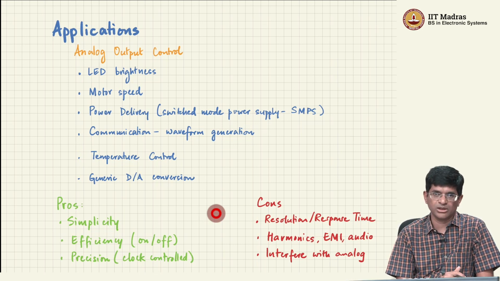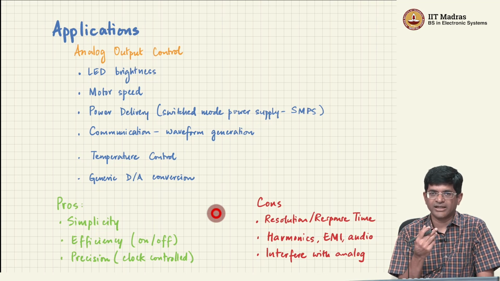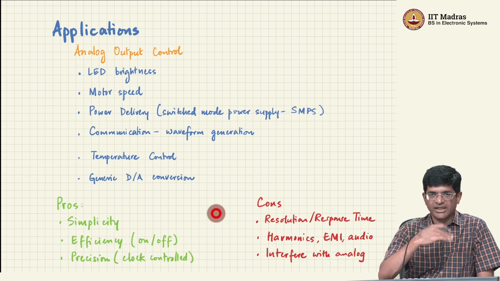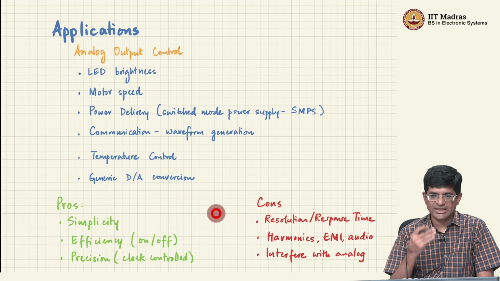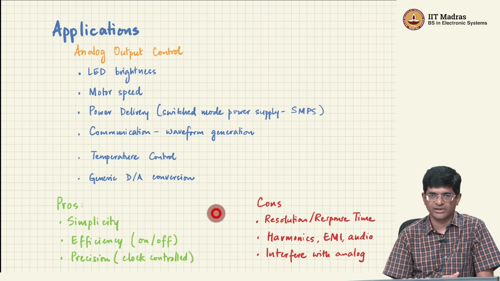So if you want to control the brightness of an LED, what do you do instead? One way of doing it is pulse width modulation, and essentially what pulse width modulation does is turn the LED on, off, on, off, fast enough that, as far as the LED is concerned, it is being turned on and off at such a high frequency that a person looking at it sees only the average intensity of brightness coming out of the LED.